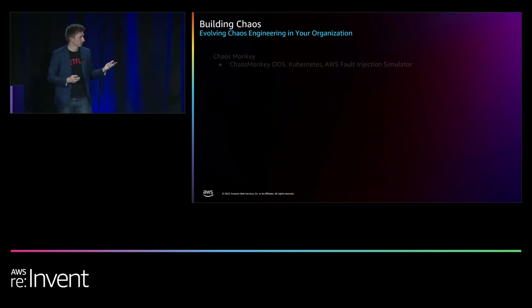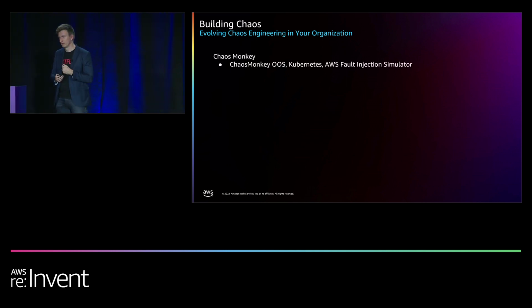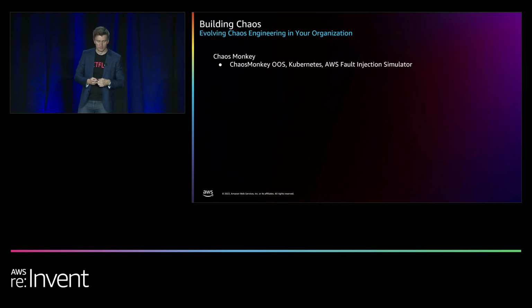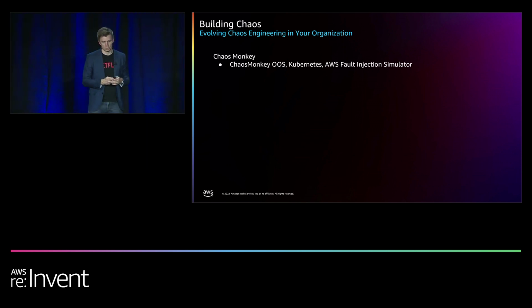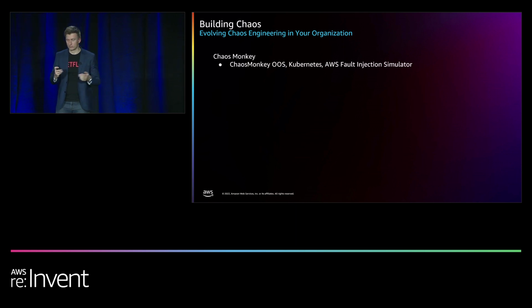So for example, if you feel like you could be affected by individual nodes going down, you can try the Chaos Monkey approach. You can either use Chaos Monkey that is open sourced, or you can shut down instances by yourself. There is also a high chance that by running on Kubernetes, you are probably already resilient toward node failures. And also, you could probably use AWS Fault Injection Simulator to simulate these kinds of failures.